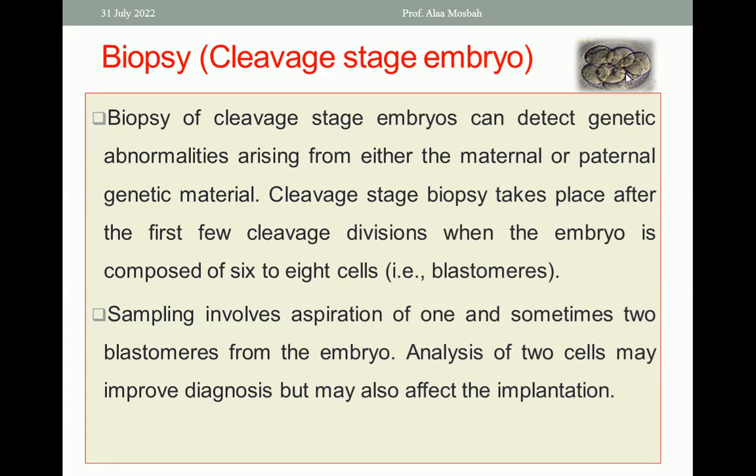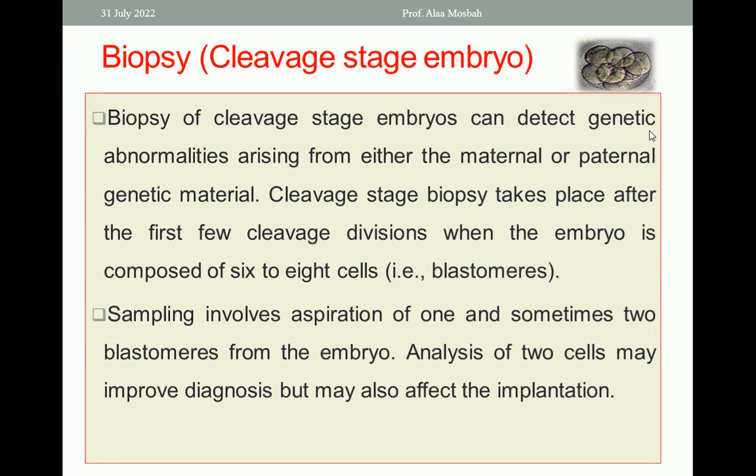If I take 2 blastomeres, it will improve diagnosis. But there is a disadvantage if I take 2 instead of 1 blastomere. It was found that it may affect implantation, so the pregnancy outcome is decreased, with a poorer prognosis. If I take 1, it will be better.